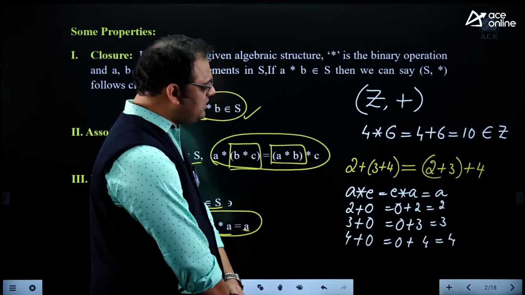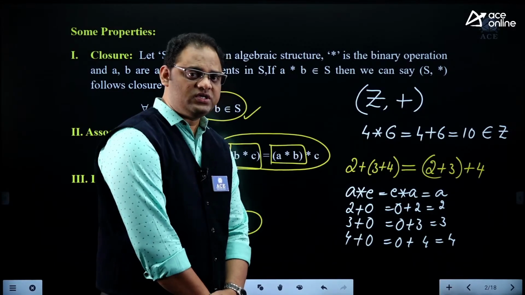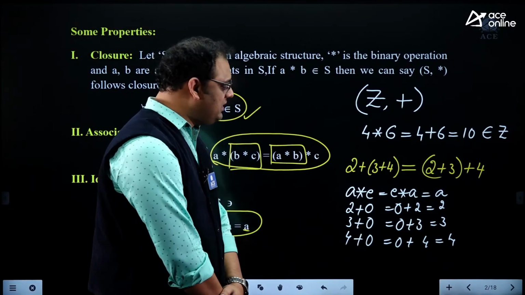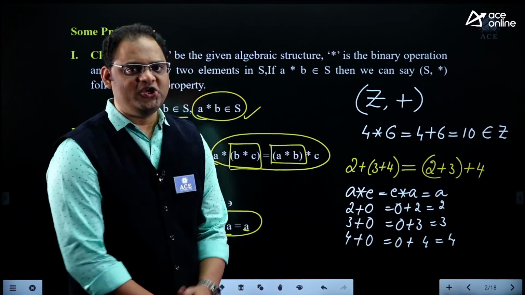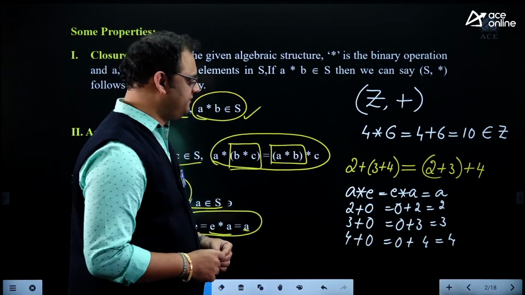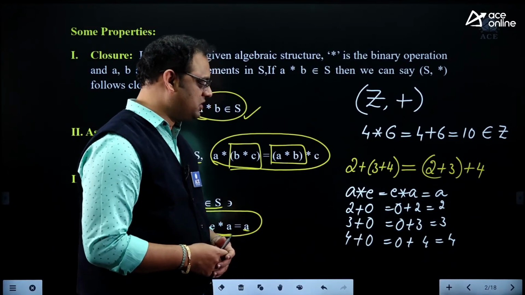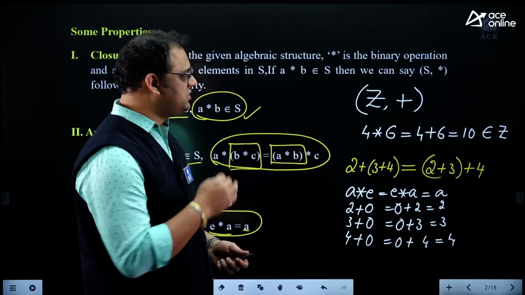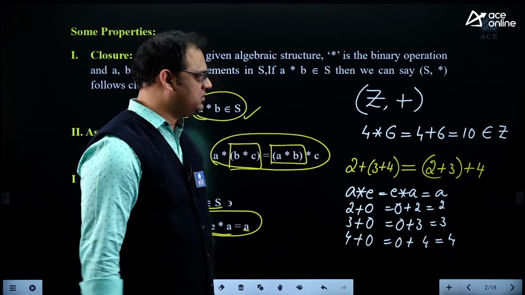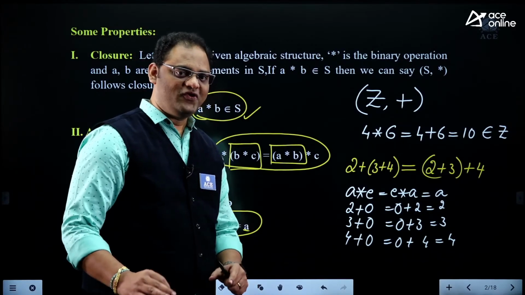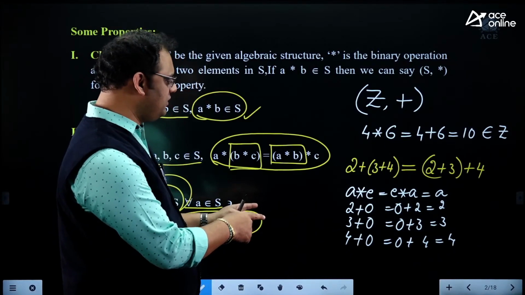Such an integer E exists in my algebraic structure, so you can call that E an identity element. And we can say that, yes, the identity element exists in the given algebraic structure. 0 belongs to Z, so it exists in the given algebraic structure, and my algebraic structure Z under the operation plus follows the identity property. I hope you got the example of the identity property.